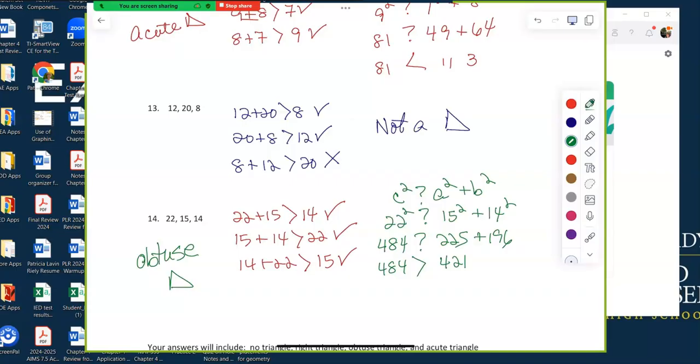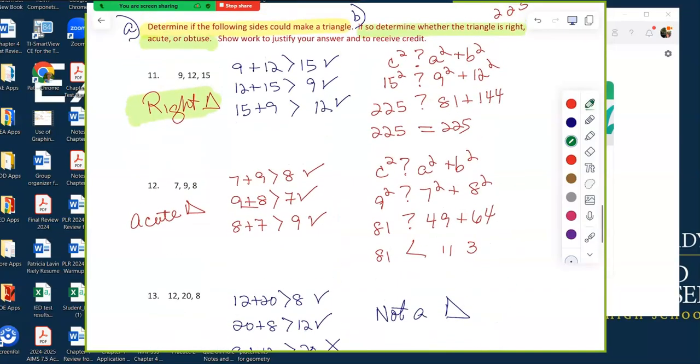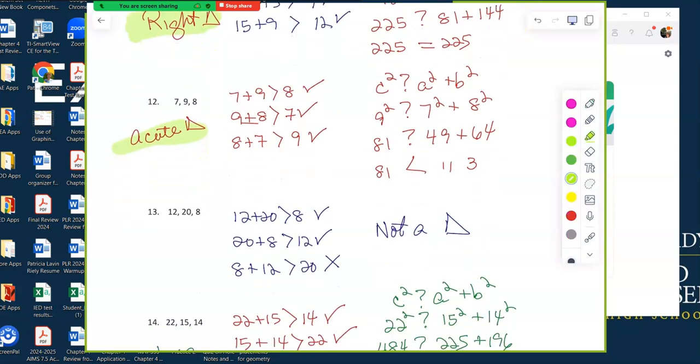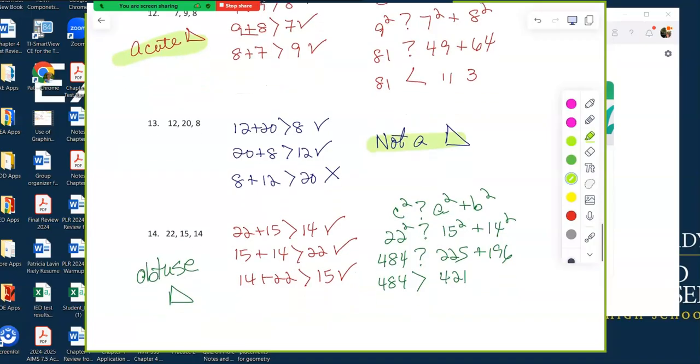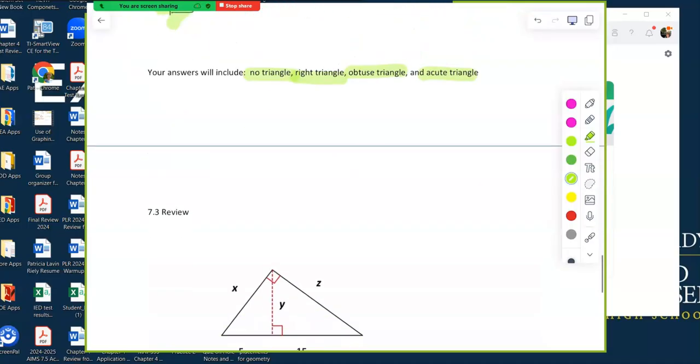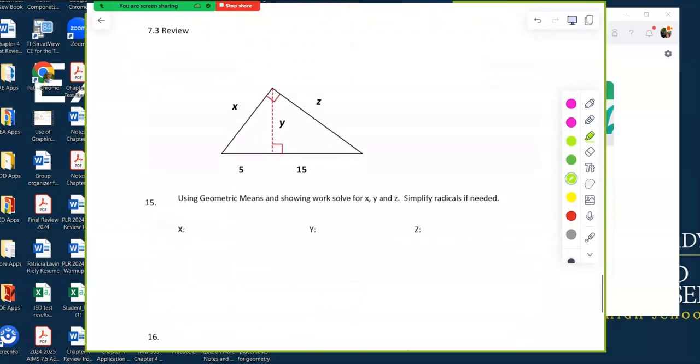So what do I see? I see that I have a right, I have an acute, I have a not a triangle, and I have an obtuse. What are my answers? No triangle, got that, right, obtuse, and acute. So it looks like maybe I have them correct, and I know I do, so hopefully you have them correct as well. Okay, this is 77.3.